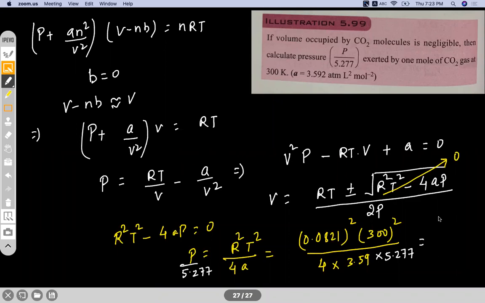That's what someone got, no? Shashwat, you got 8 only, right? Because the question is this only: P divided by 5.277. That's the value you need to find out. That's why I divided. Yeah, approximately the answer would be 8 you will get.